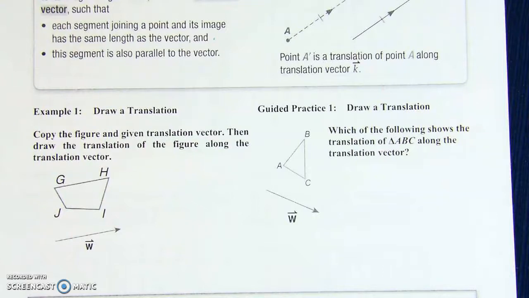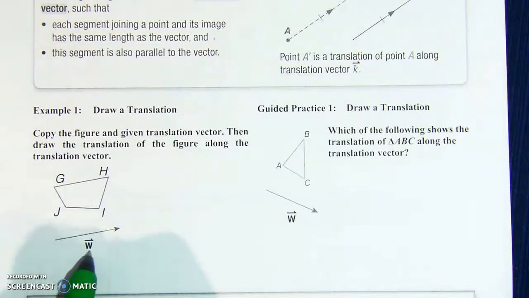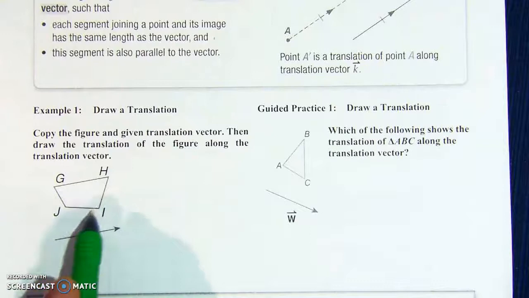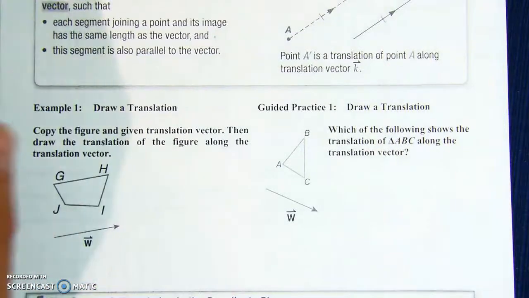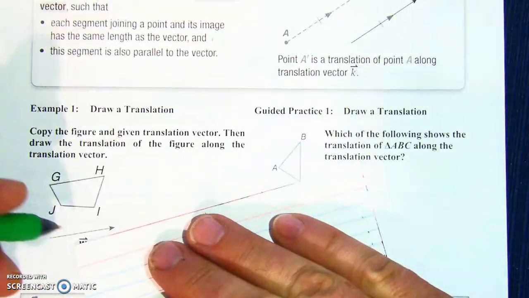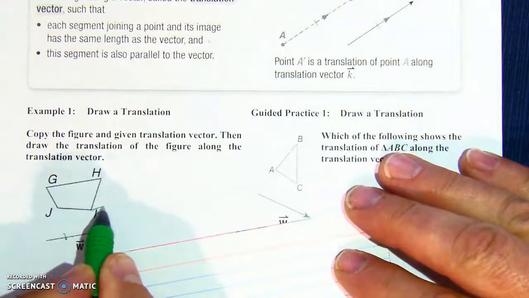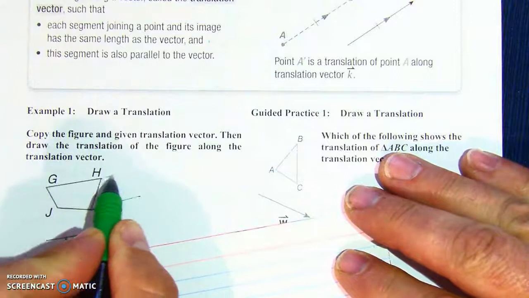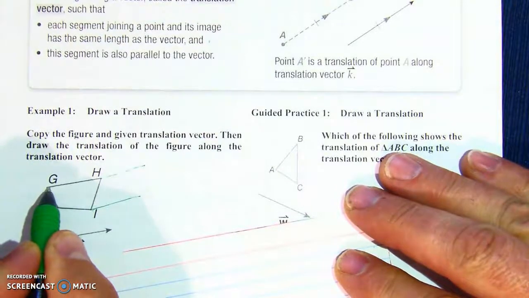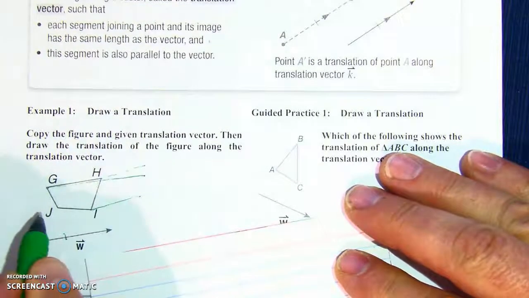Here's our vector W, and we're going to draw each one of the lines parallel to this one, and kind of go this way. I'm not doing a very good job.